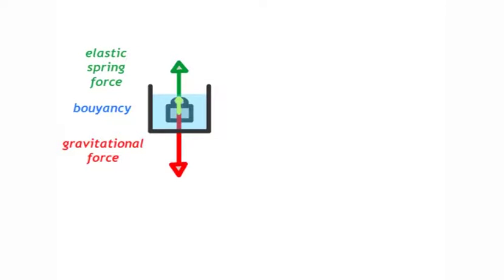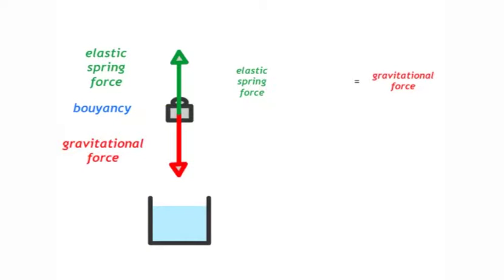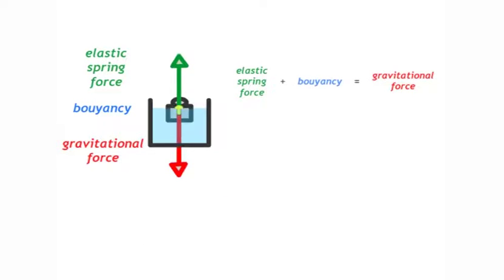The weight is not accelerating, so by applying the first Newton's law, we conclude that the gravity force is equal to the sum of elastic spring force and buoyancy. That is, the elastic spring force reduces exactly by the buoyancy so that their sum stays equal to the gravity force.